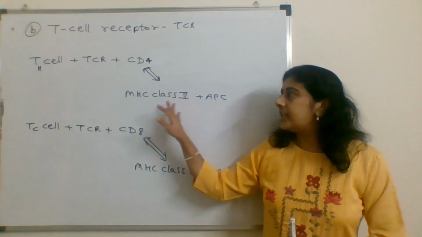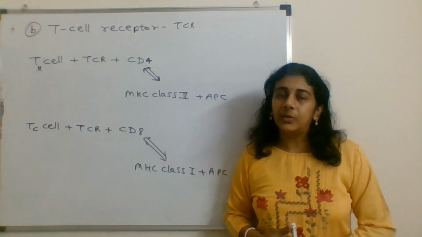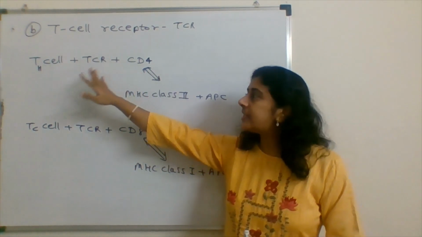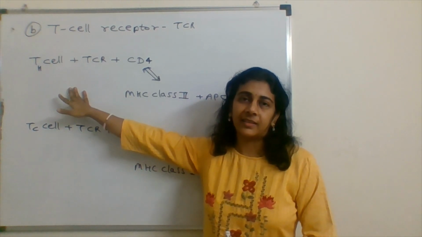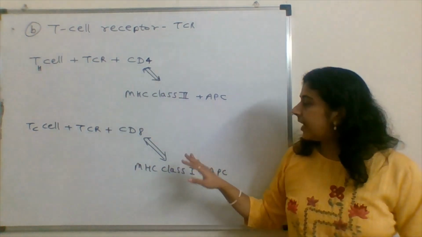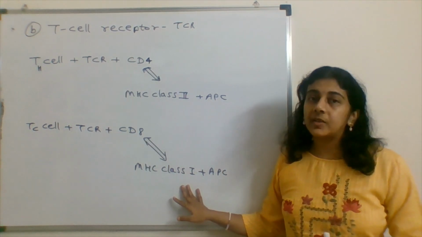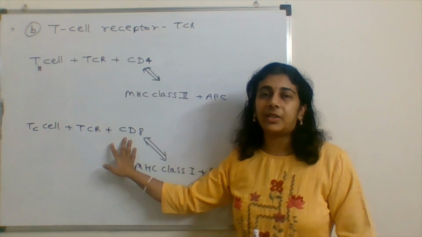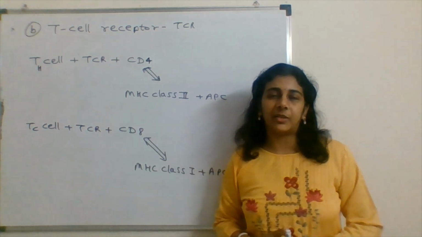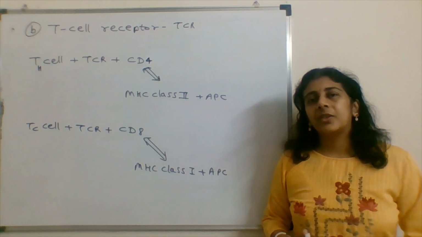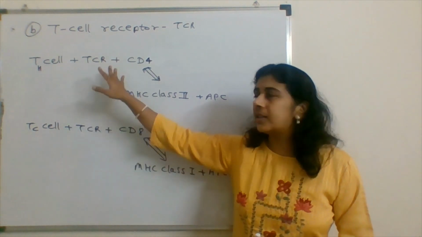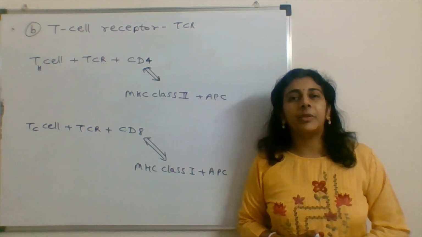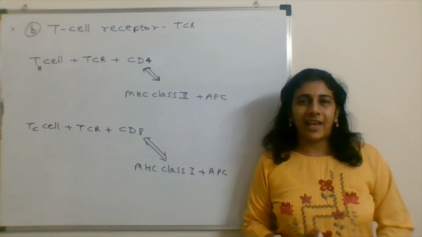If antigen is presented on MHC class 2, it is recognized by the CD4 molecule present on the T helper cell. Secondly, if the antigen is presented on MHC class 1 molecule, then it is recognized by the CD8 molecule present on the T cytotoxic cell. So this TCR works for the recognition of antigen, and further the immune response of the T cell is carried out.